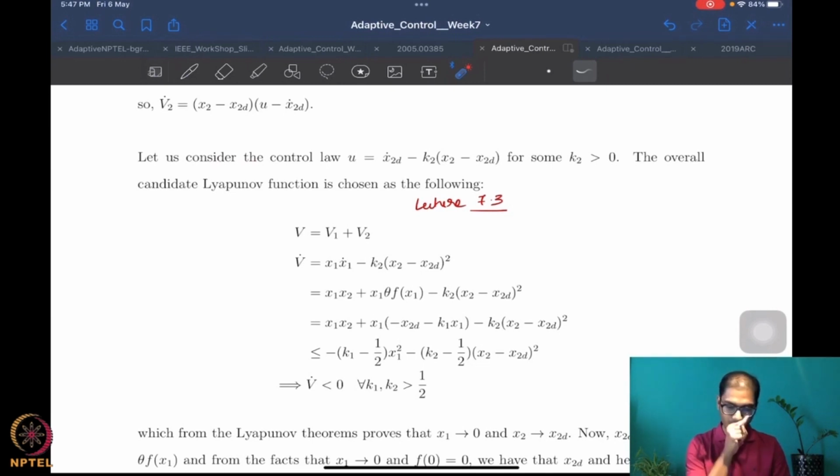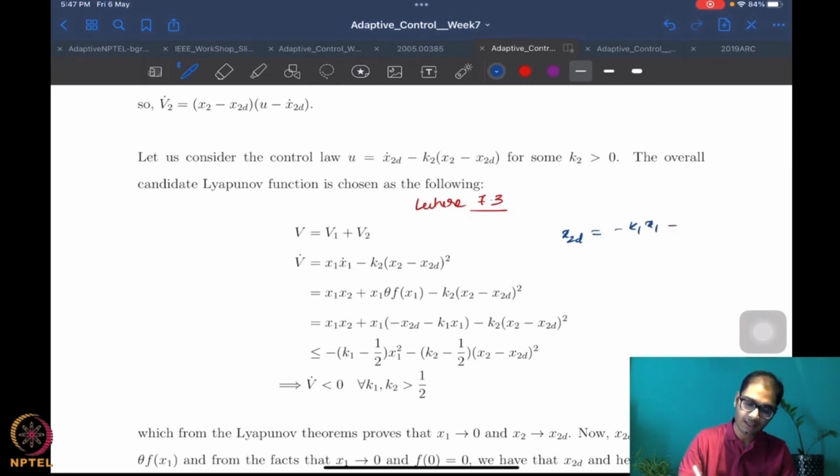Let me look at this carefully, if this is done correctly or not. All right. So if we go back and look, in fact, I'm going to reproduce the expression right here. So x2 desired was defined to be minus k1 x1 plus, well, I believe minus theta f(x1), right?